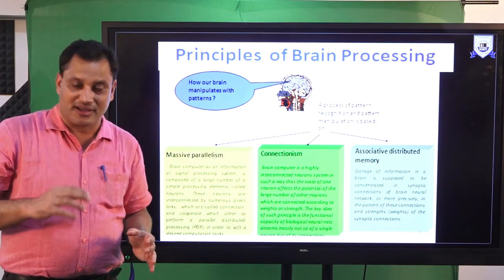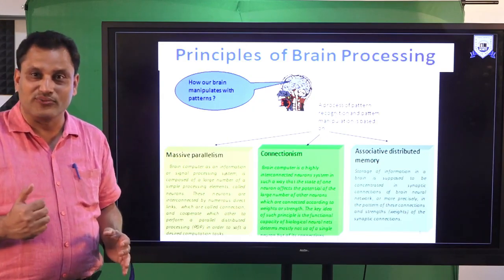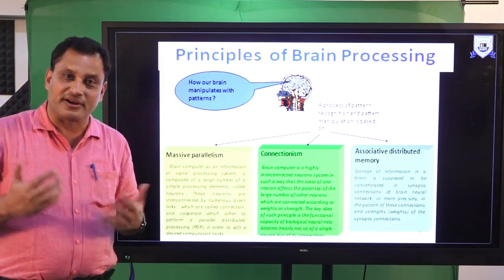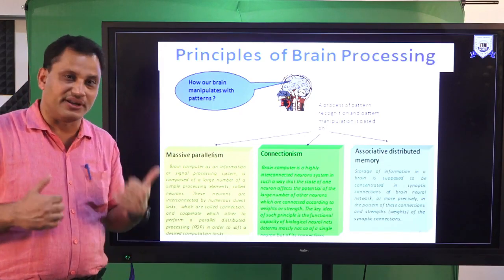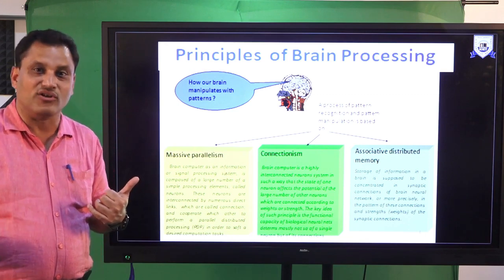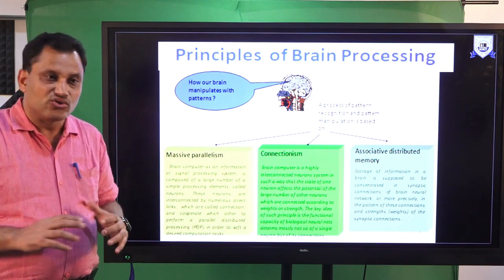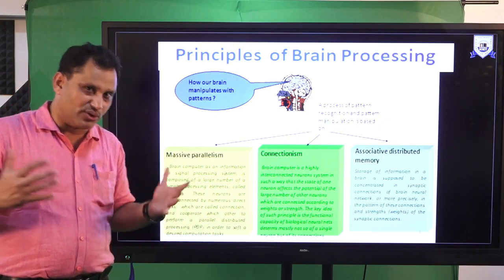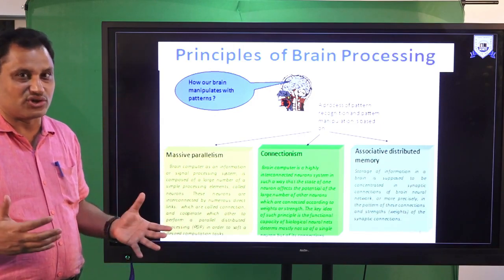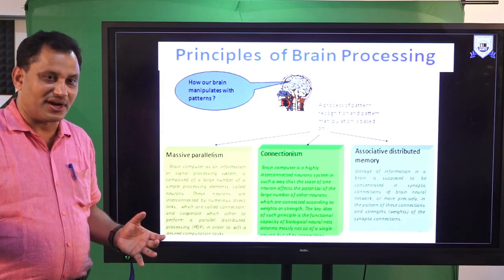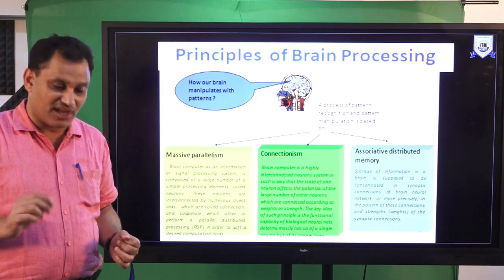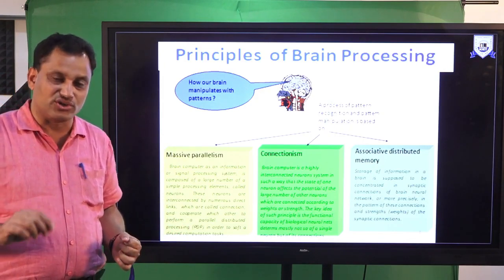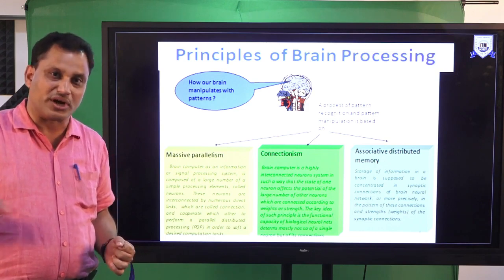While we are eating, we are also watching the TV, listening to music, and attending phone calls. If I am attending a phone call, I am writing also. Let us think about how we are doing it. If we pass an instruction to the computer to write something, it will write only. If we pass the machine instructions to write and to listen, it will do these two kinds of tasks.